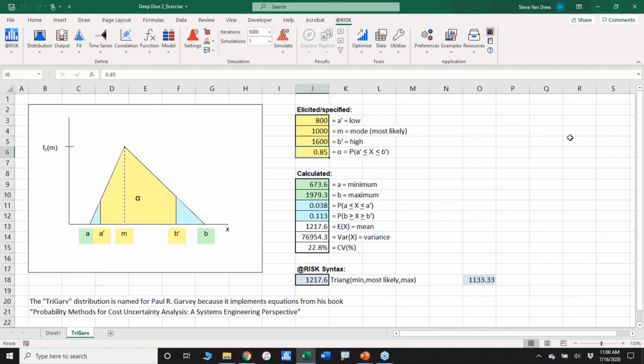The other thing, I've never even told him that I named this distribution after him, and yet there's probably 1,000 people that over the years I've exposed to this technique. There's over 1,000 now. So people run around calling it the tri-garv. Most of them have even forgotten what the garv stands for. If Dr. Garvey still gives the ICEA workshop training portion on cost, risk, and uncertainty, I can see somebody in the room going, have you ever used the tri-garv distribution?